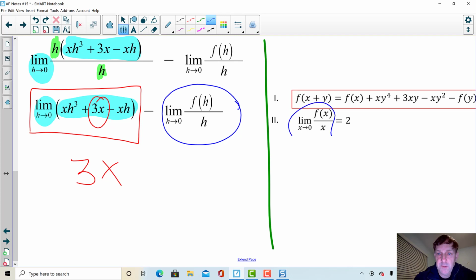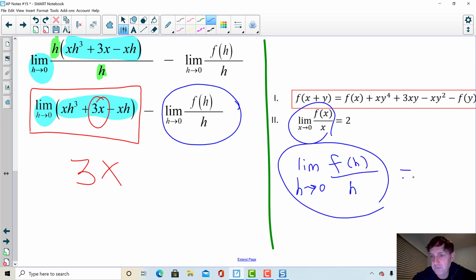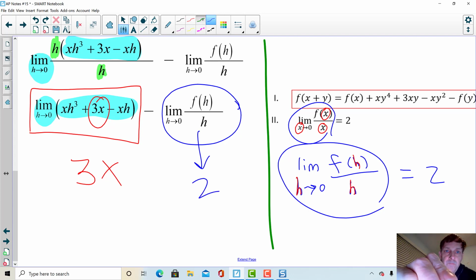So if this limit is equal to 2, then this limit will also equal 2. The only difference was that this one has an h instead of the letter x. The first one had an x, the second one has an h. That's not going to make a difference. So this limit gives you 2. Don't forget the minus, and now you're done.